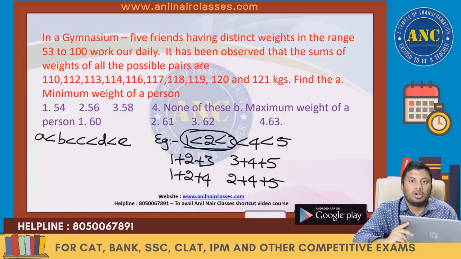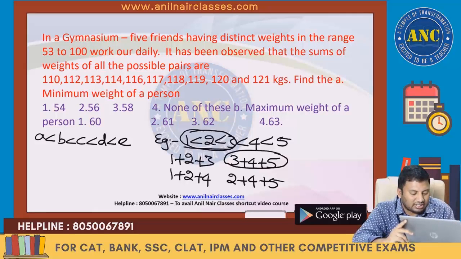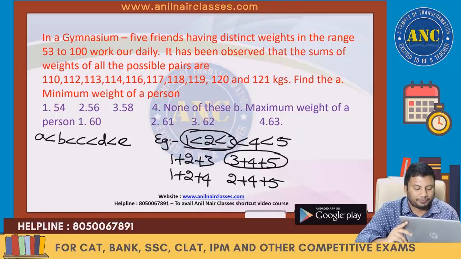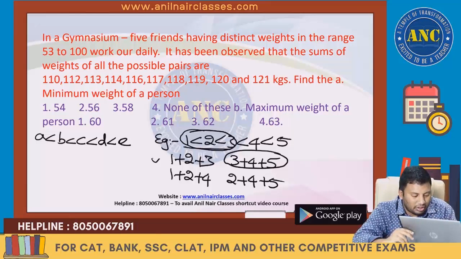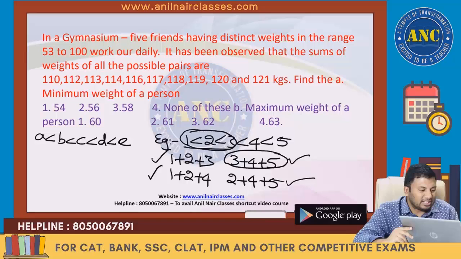Lowest is the lowest sum of the 3 weights. Highest is the highest sum of these 3 weights. Next lowest is 1 plus 2 plus 4. Are you all with me? So lowest I can determine, second lowest I can determine, highest I can determine, second highest I can determine.